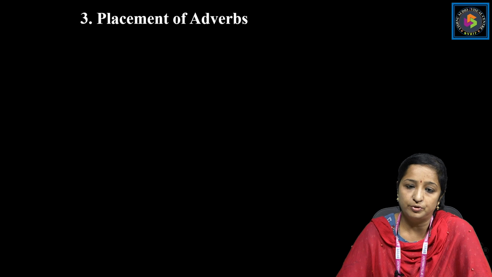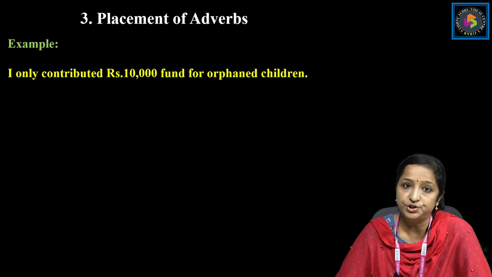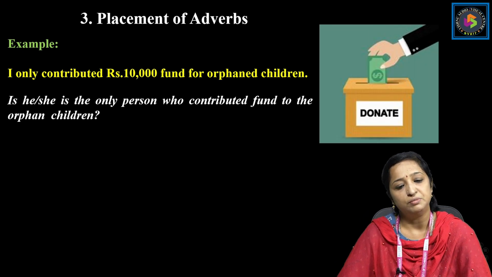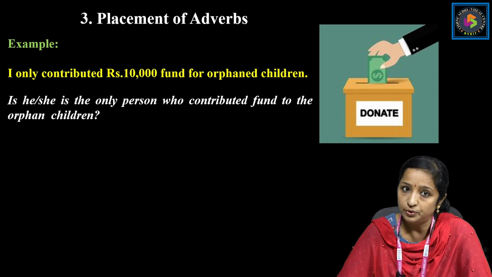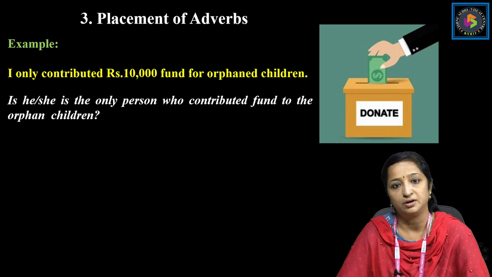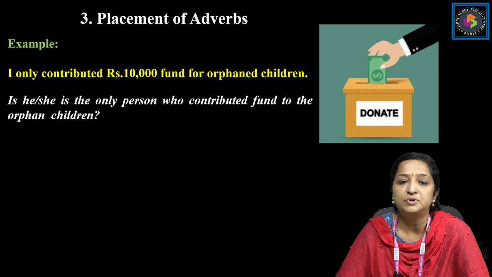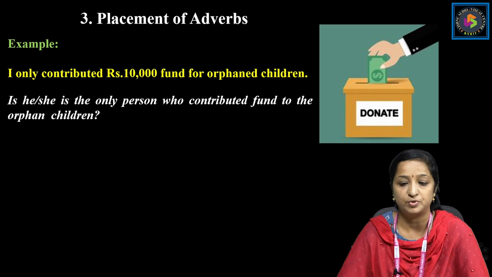Let us see one more example. I only contributed rupees 10,000 fund for orphan children. This sentence conveys a meaning that he or she is the only person who contributed the fund to the orphan children. It doesn't mean that he or she is the only person who contributed funds to the orphan children in the entire world. It's not possible.